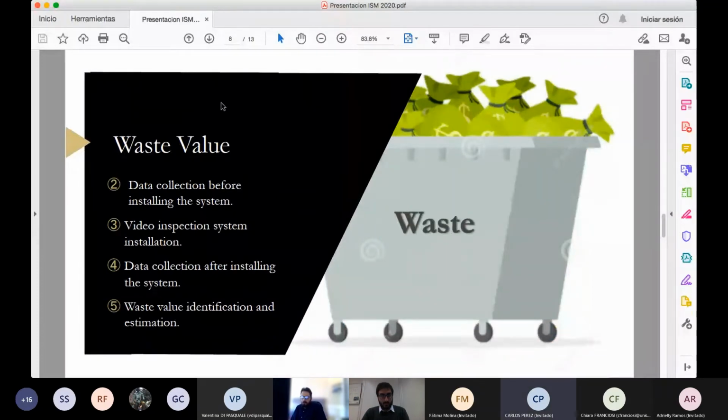Then we need to evaluate the waste in terms of money. This includes step number 2, data collection before installing the system, number 3, video inspection system installation, number 4, data collection after installing the system, and number 5, waste value identification and estimation.